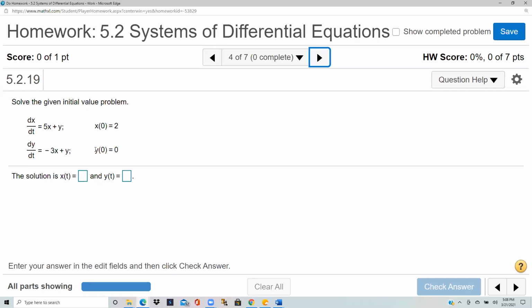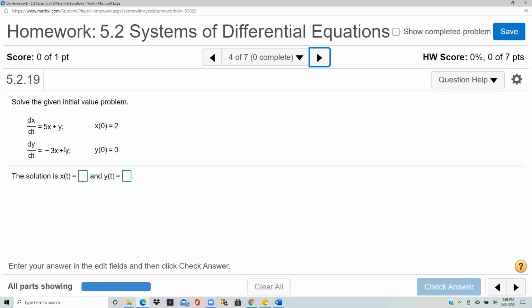So now let's look at this initial value problem. And once again, it doesn't seem easy to remove one of the variables by a simple substitution.